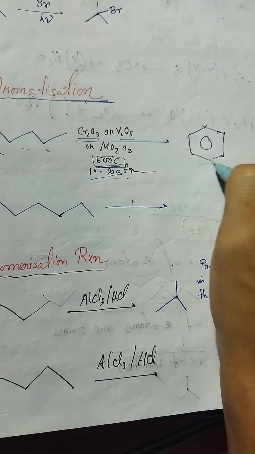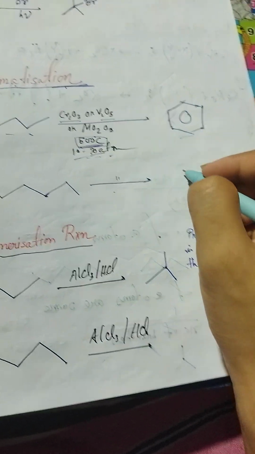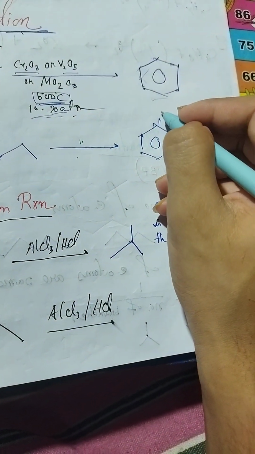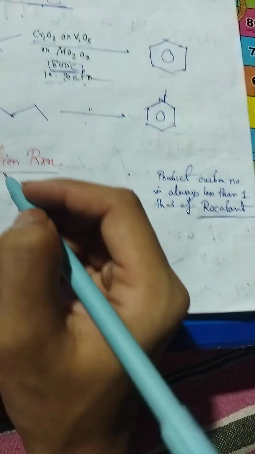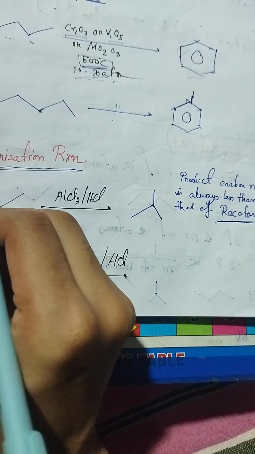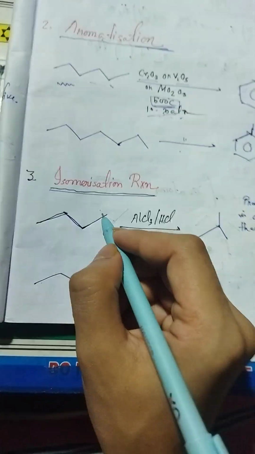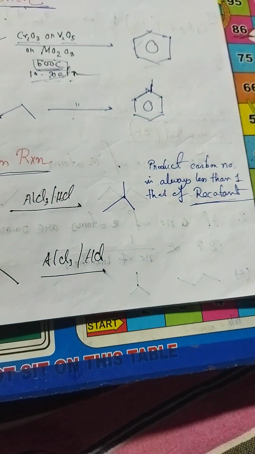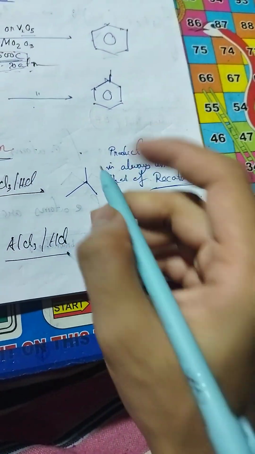The product is benzene, and in this case the product is benzene and methyl. What is an isomerization reaction? If there are 4 carbons in the reactant, it reacts with AlCl3 and HCl, and the product always has a minimum of 1 carbon less than the reactant.